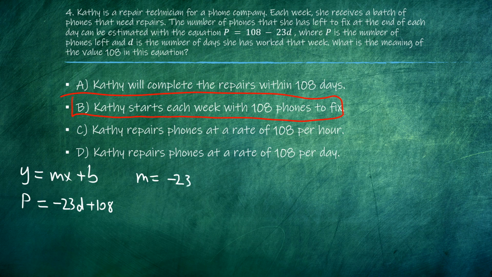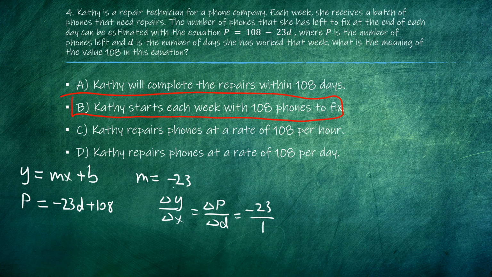And we know slope is change of y over change of x. In this case, it will be change of p over change of d, or in other words, negative 23 over 1. So what this slope means is that for every 1 day, she has negative 23, or 23 fewer phones to fix.